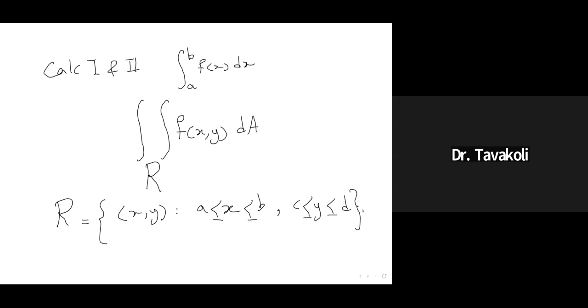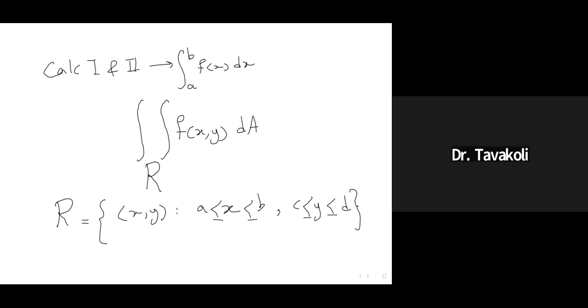As you might remember, in the case of calculus 1 and 2, if the function was a positive function, the integral measures the area under the graph of the function. What about in this two variable case?